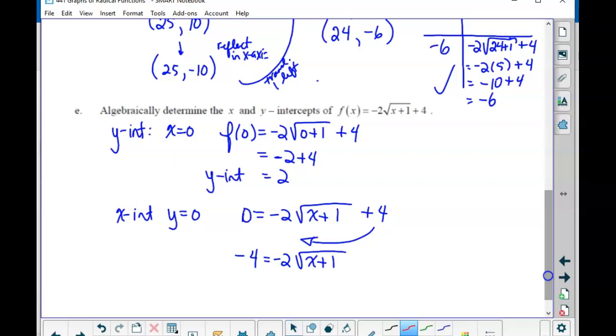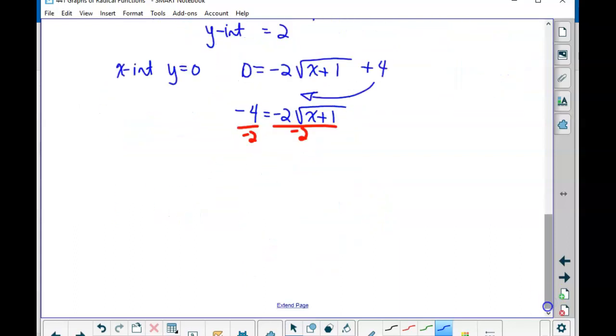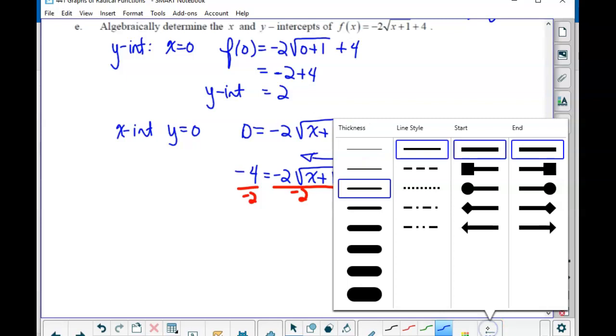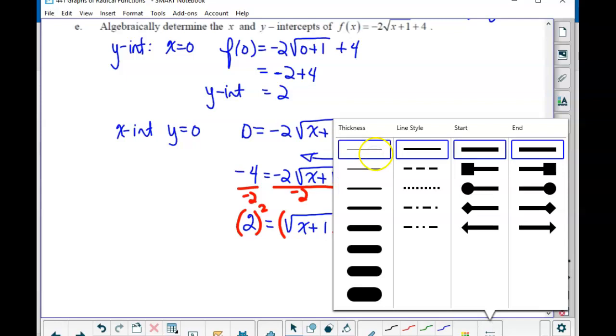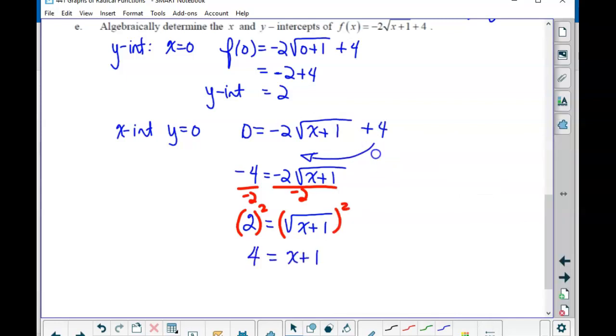And then divide by negative 2. And then square both sides. And then solve for x.